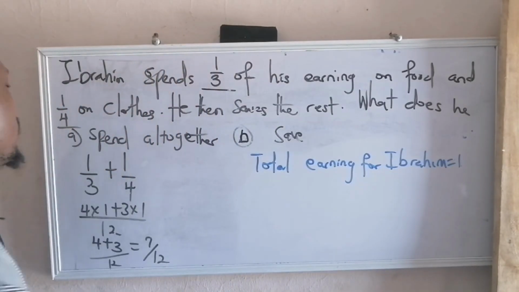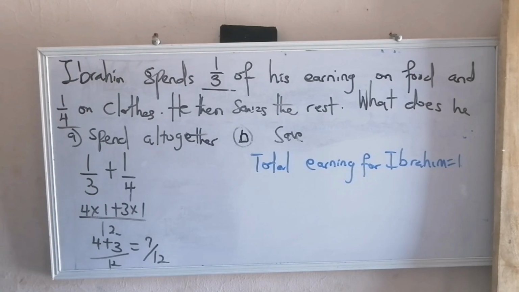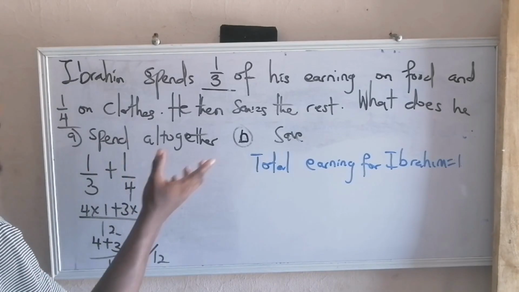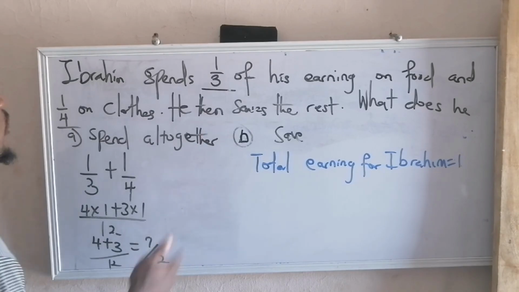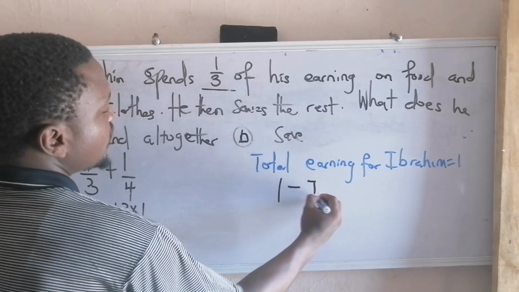So what we're going to do is remove the fraction spent by Ibrahim on food and clothes. We already did that when we answered question A. We calculated the amount spent altogether, on food and on clothes, and we arrived at 7 over 12. So we're just going to subtract 7 over 12 from 1. So 1 minus 7 over 12.